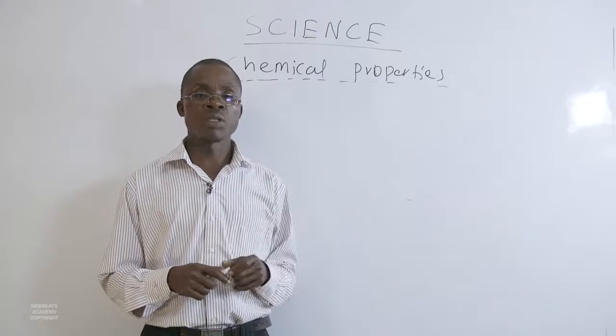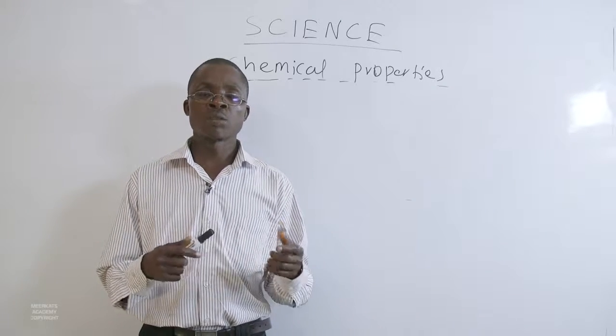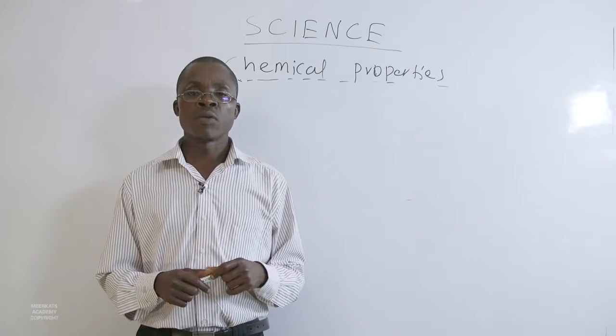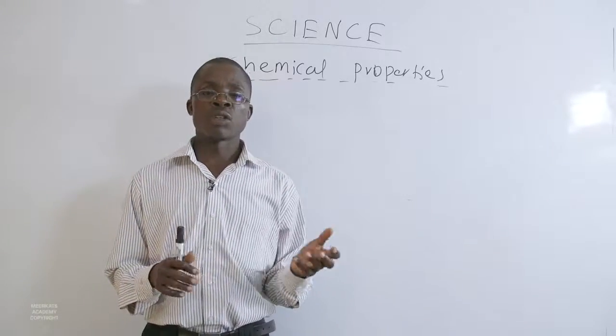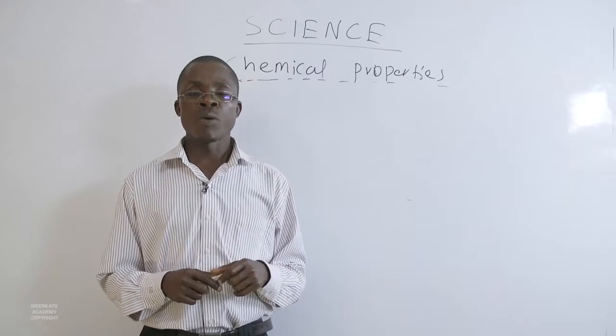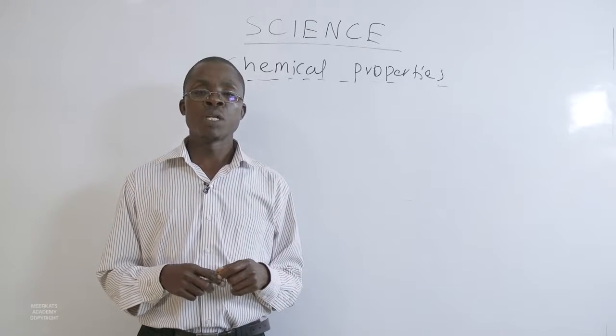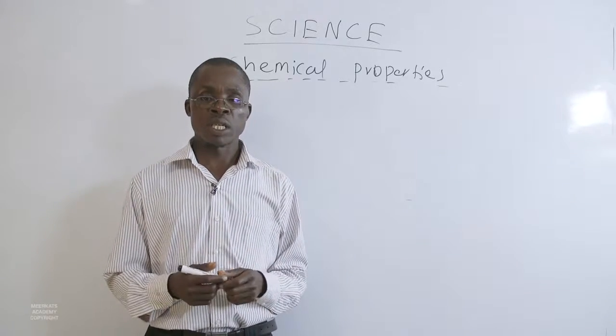But in our today's lesson, we want to look at chemical properties, and to start with, we need to understand first of all what is a chemical change, so that from the chemical change, then you can say this is the property we are trying to maybe understand more, or we are trying to investigate.